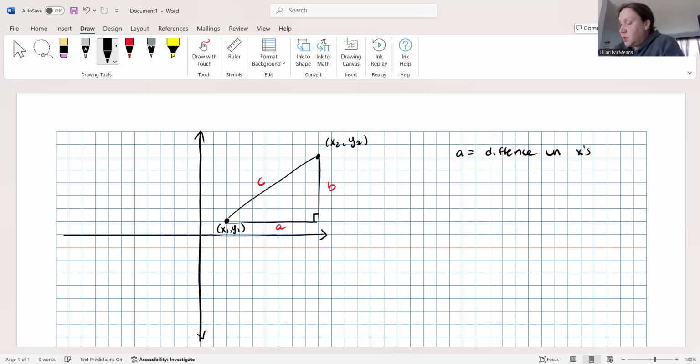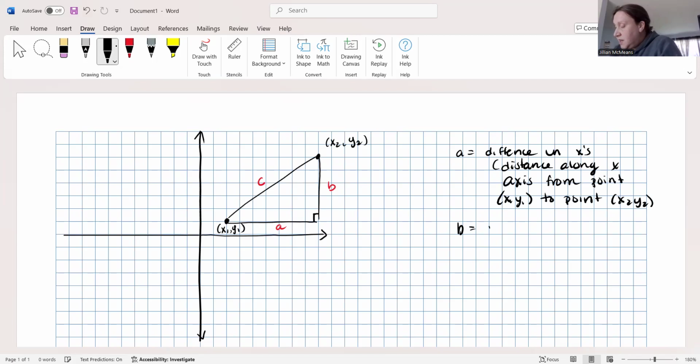And so what's happening here is A is the difference in x's, or distance along the x-axis from point x1, y1 to point x2, y2, okay? And then B is the difference in the y's, okay?